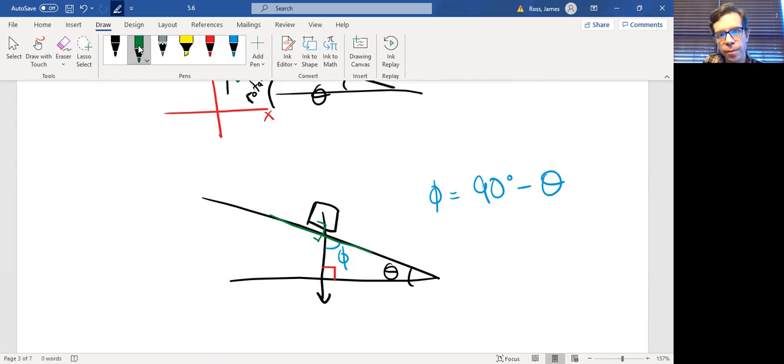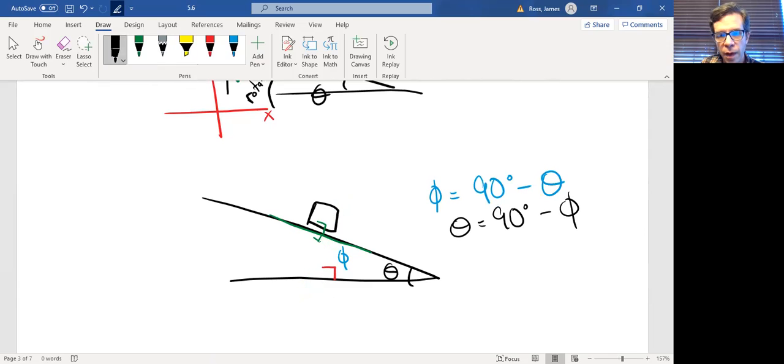It'll make it a little clearer. Now I've got this right angle, and I've got this angle phi. So that's 90 minus phi. Well, 90 minus phi is the same thing as 90 minus theta, because I can add theta to both sides and subtract phi. That's an equivalent equation there.